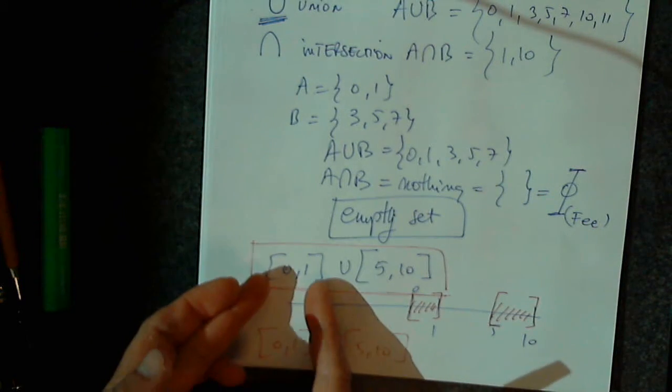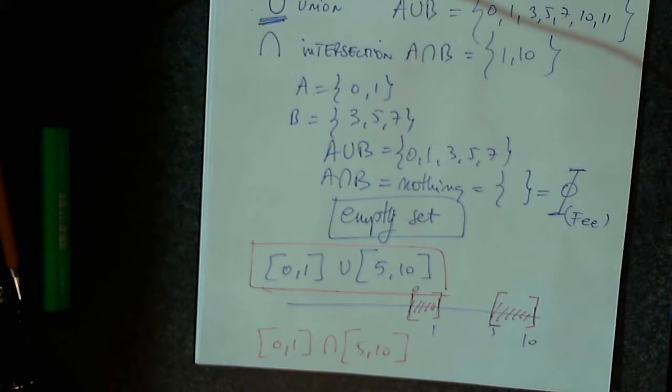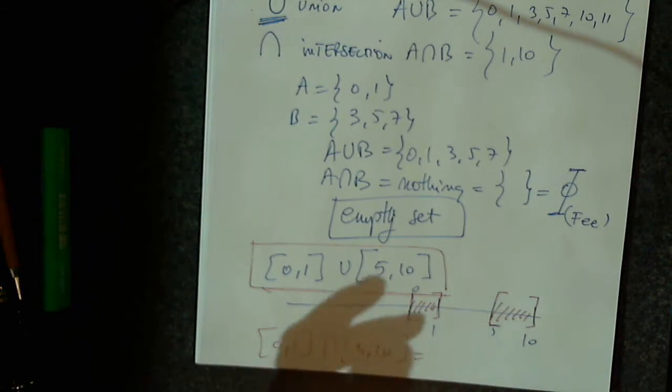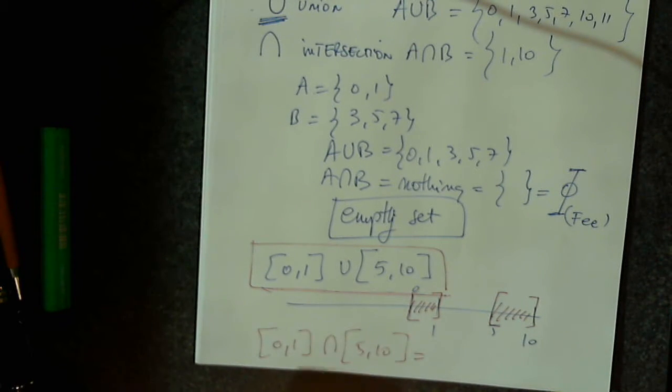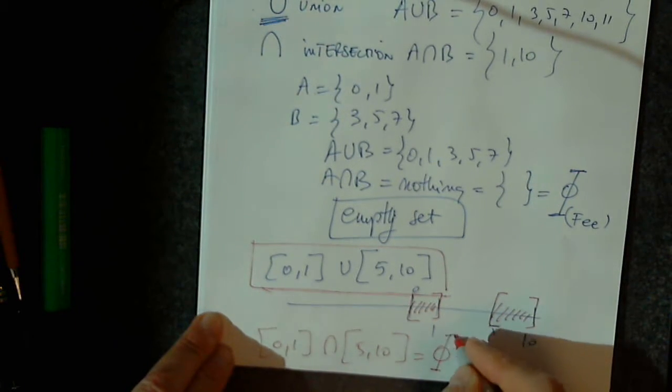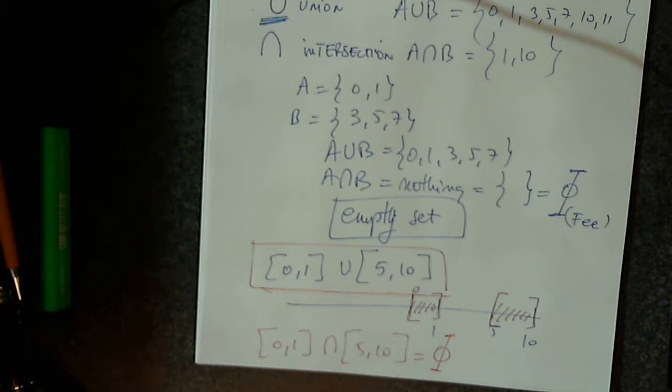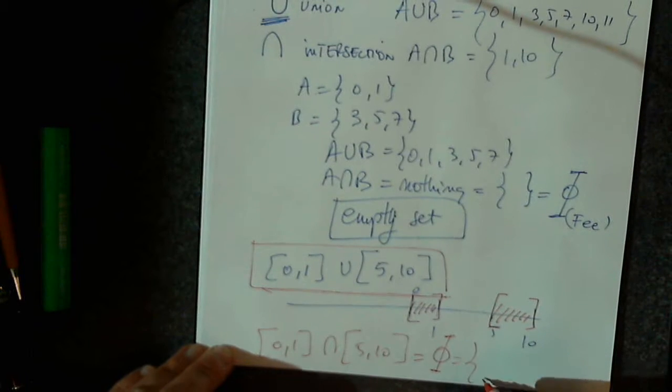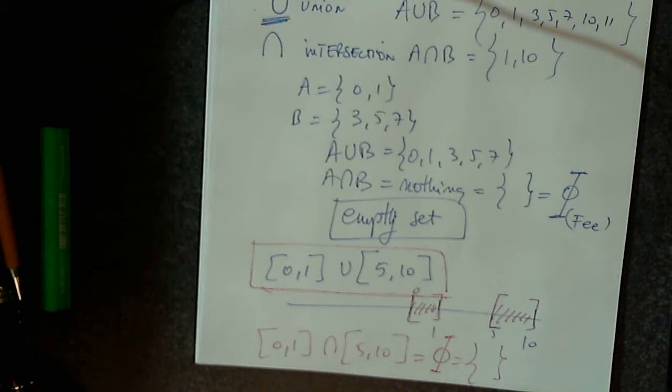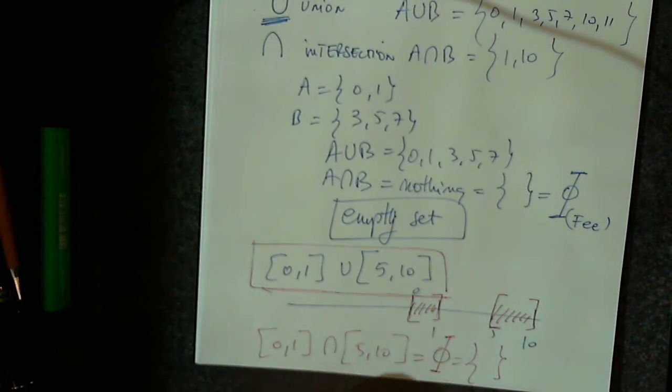Which elements are in here as well as in here? None. So the answer would be nothing. The intersection does not have any element. Or you can write that, or you can write this, or you can say nothing. In this case, we prefer these two, but for the sets it is okay.